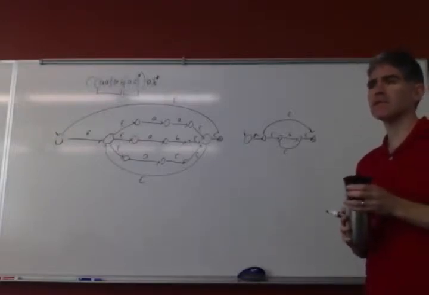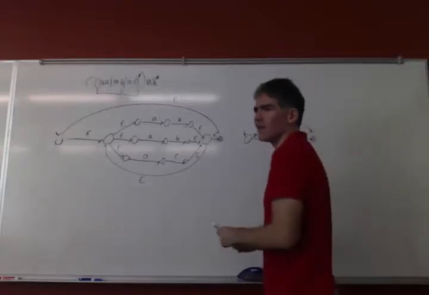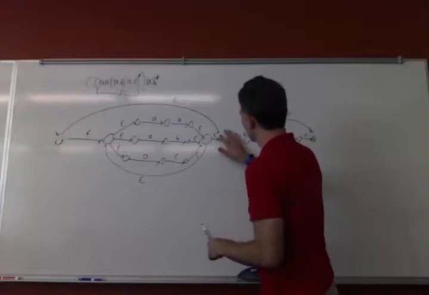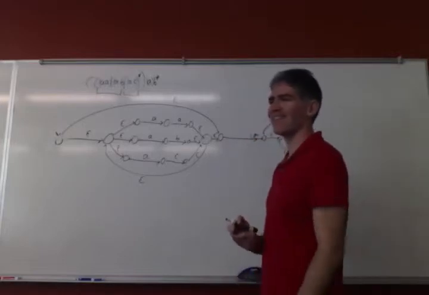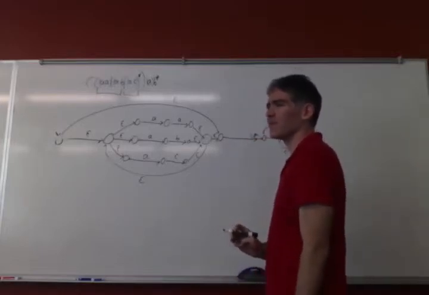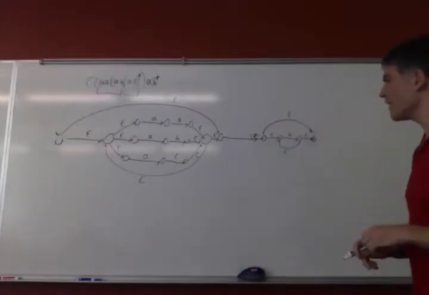The next thing we need to do is join them together. This is the easiest step of them all. All we do is delete that node, delete that node, and just stretch it out. And this is the NFA which accepts this.